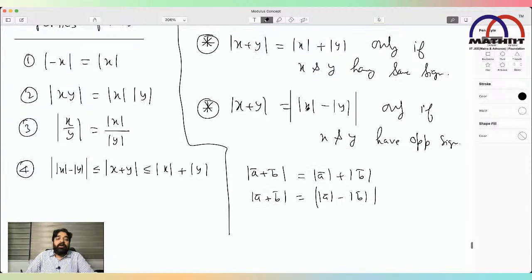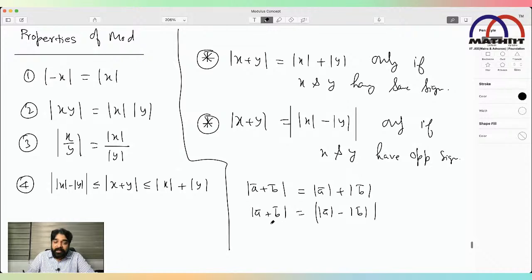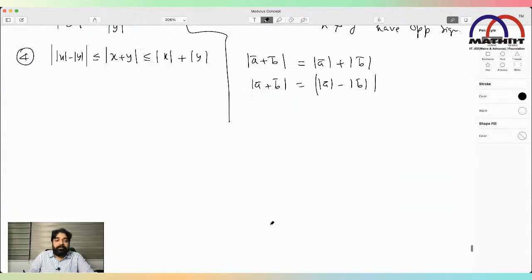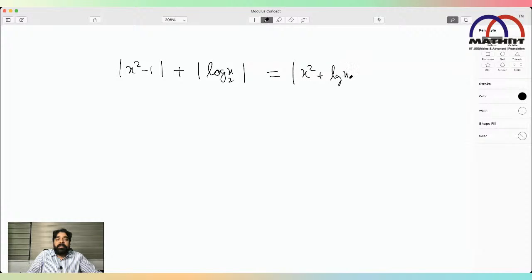So this is one of the very important properties which you should deal with. For example, I will not solve the full question because I didn't teach you inequality. Here inequality gets involved, so you have to be careful. If I say mod of x square minus 1 plus mod of log x base 2 is equal to mod of x square plus log x base 2 minus 1, find out the x value.